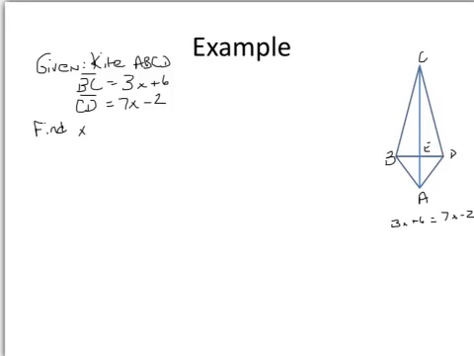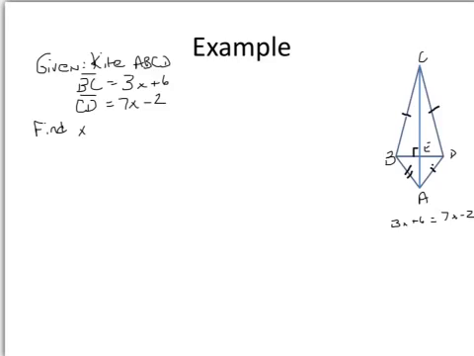So here we are given kite ABCD, and we're given that BC has length 3x plus 6, and CD has length 7x minus 2, and we want you to find x. Well, since it's a kite, we know that adjacent sides are congruent. We also know that the diagonals are perpendicular.